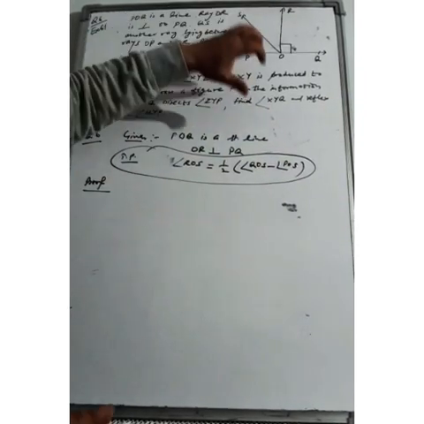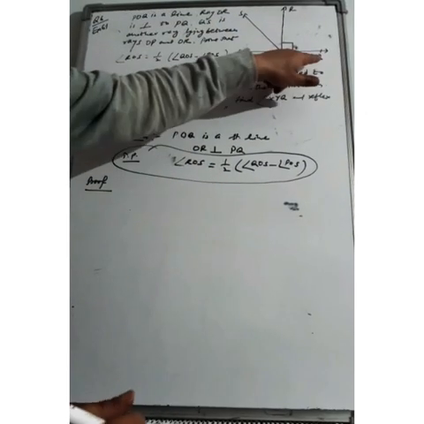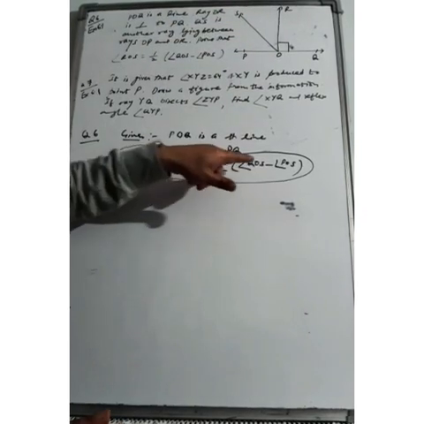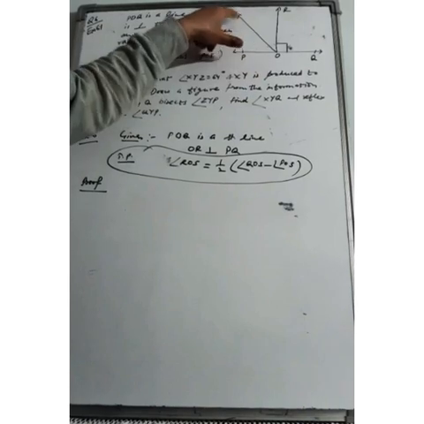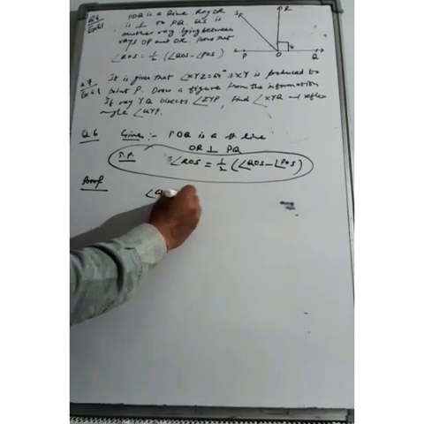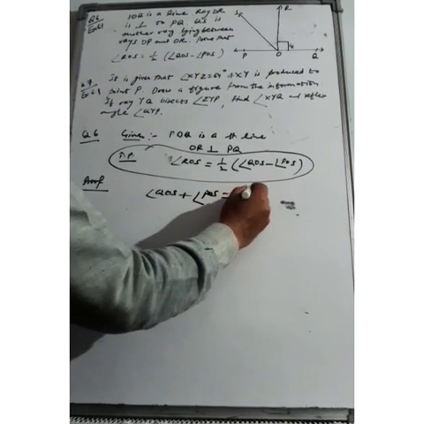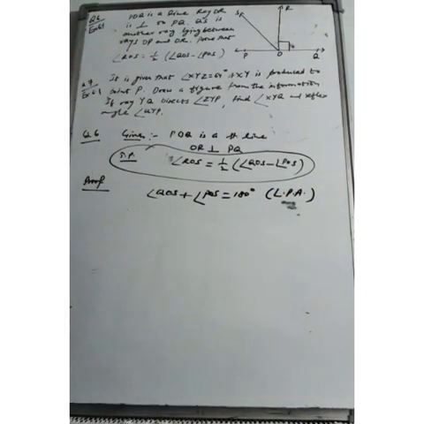Looking at this figure, you see that QOS and POS form a linear pair. So angle QOS plus angle POS is equal to 180 degrees, and the reason is a linear pair.